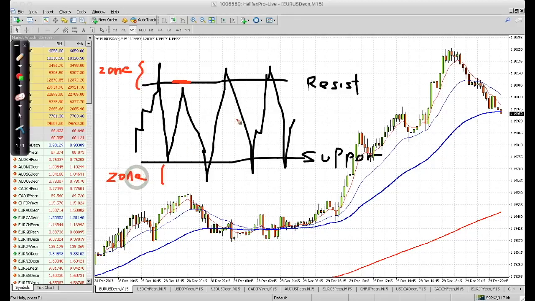Okay, so for example, if the price comes down here, right, and you buy, for example, you buy here, and you think, hey, this is a support, it's going to go up, right? I'm really certain it's going to go up. So you buy over here, and you place your stop loss here, for example.